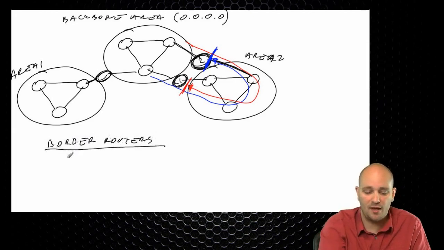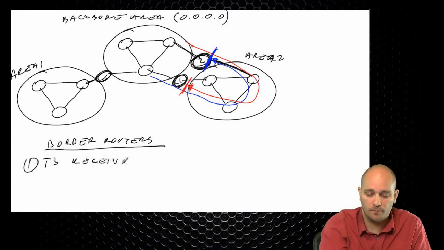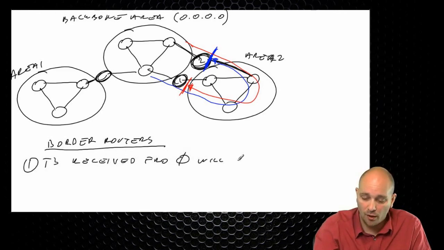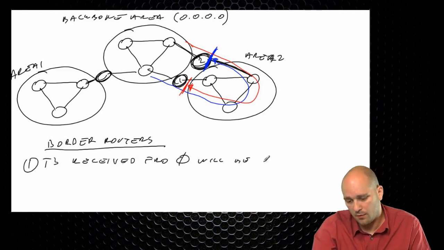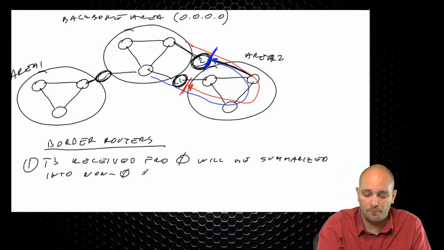So on the border routers, what we are going to have is a split horizon rule. Type 3 received from area 0 will be injected, will be summarized, and by that I mean new type 3 will be generated into non-zero area.